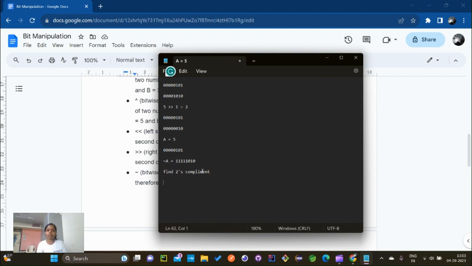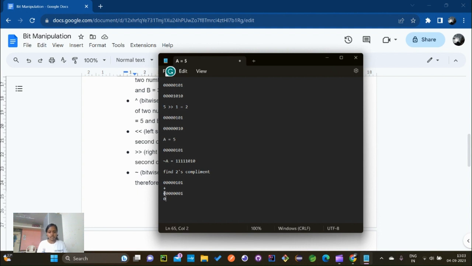So what is 2's complement? First we flip all the bits and then we add 1 to it. Flipping all the bits, we get the same binary which it was before. Now we'll add 1 to it. 1 also we can write in this form.